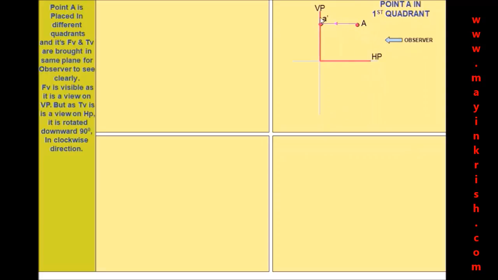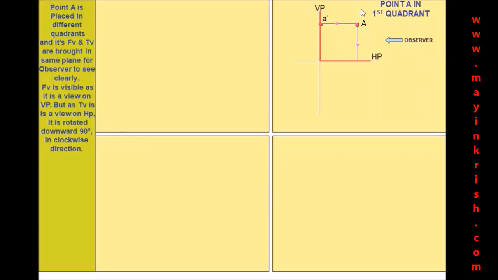It is represented as a small a dash. When the observer views the front view of point A, it is projected on the vertical plane, so as a projection of point A, we mention it as a small letter a with a dash, a dash.